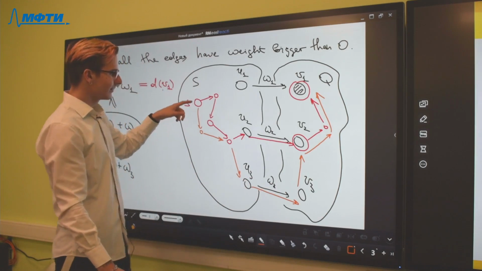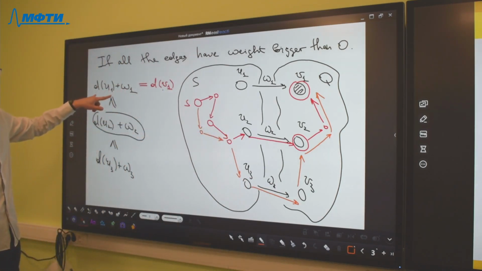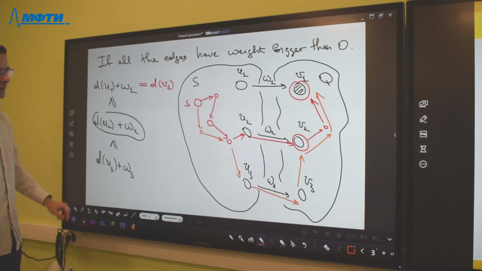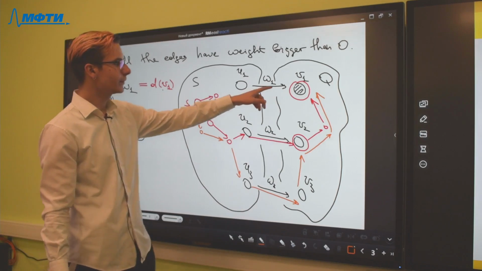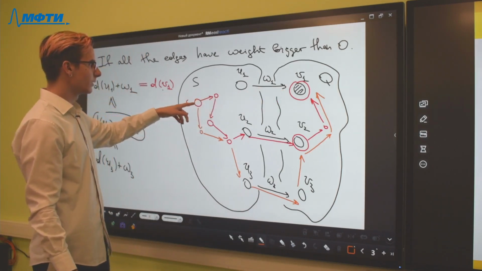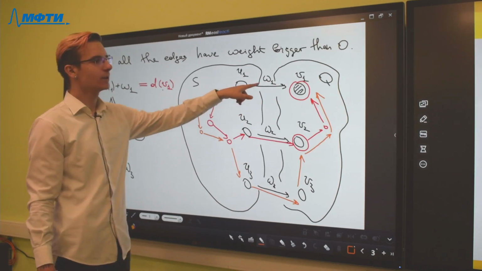So every path will be bigger than this sum. So if we want to find the shortest path between S and V1, we say that it will be a path between S and U1 plus this edge.